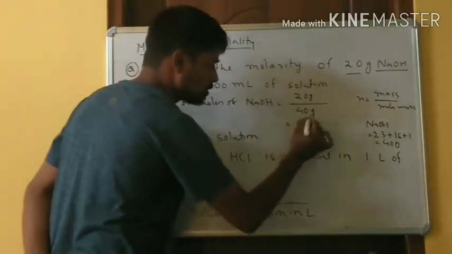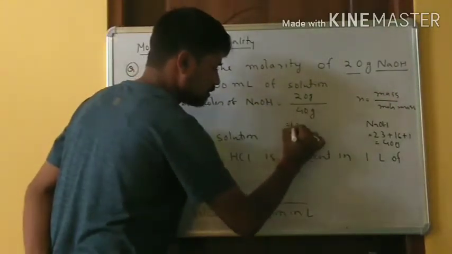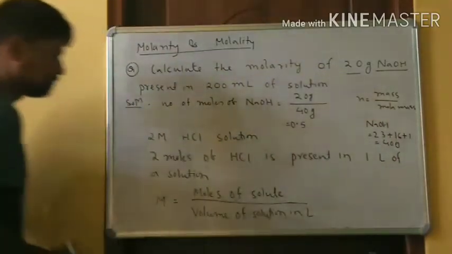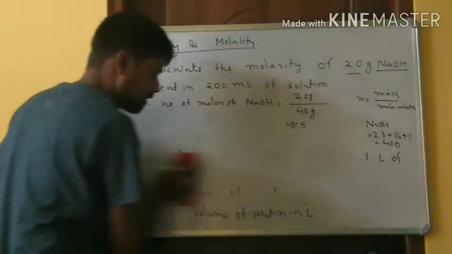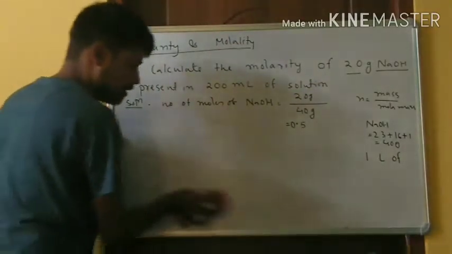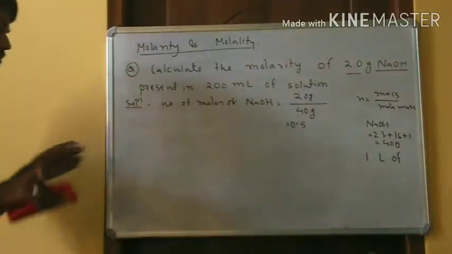So number of moles equals 0.5. The number of moles of sodium hydroxide in this case will be 0.5.